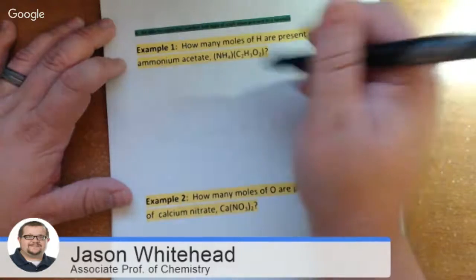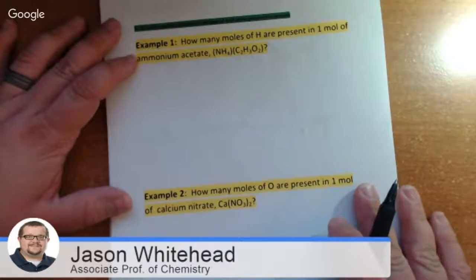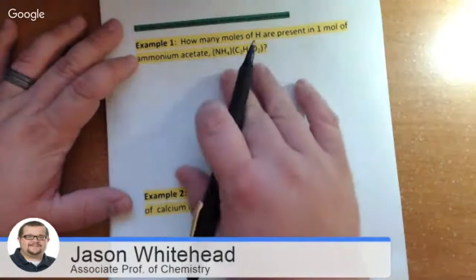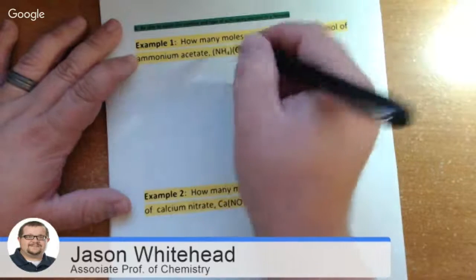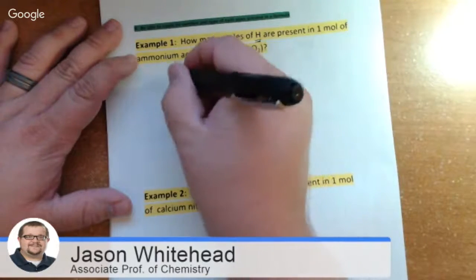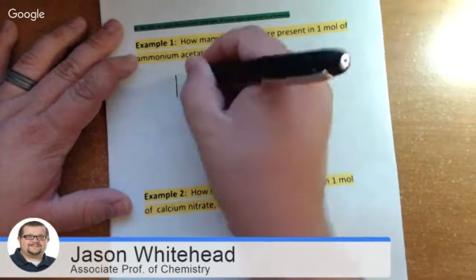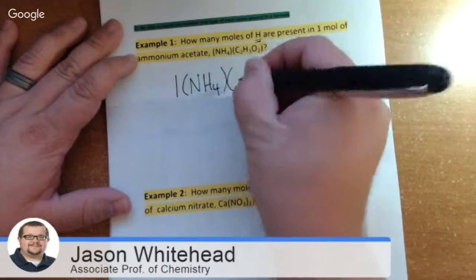Okay, so we're not as worried about in-depth conversions right now. Right now, we're just worried about chemical formulas. We want to know about total H. So we've got 1 mole of this compound, so I'm going to put a 1 out front. I'm going to write out the chemical formula.